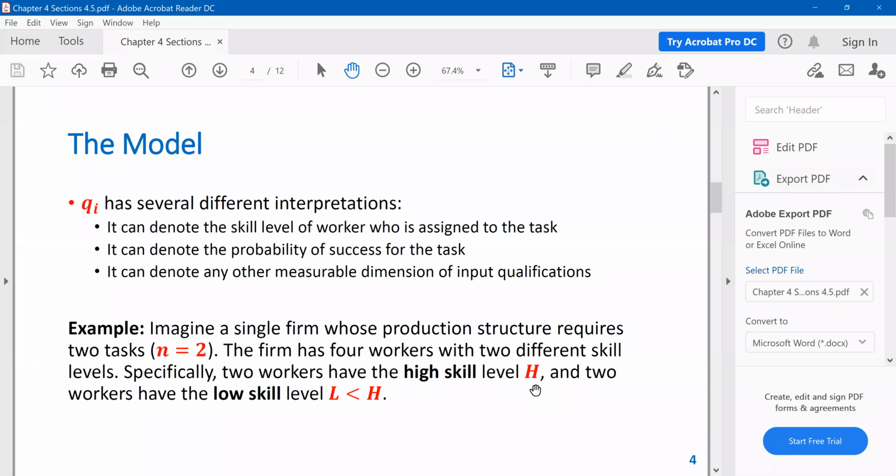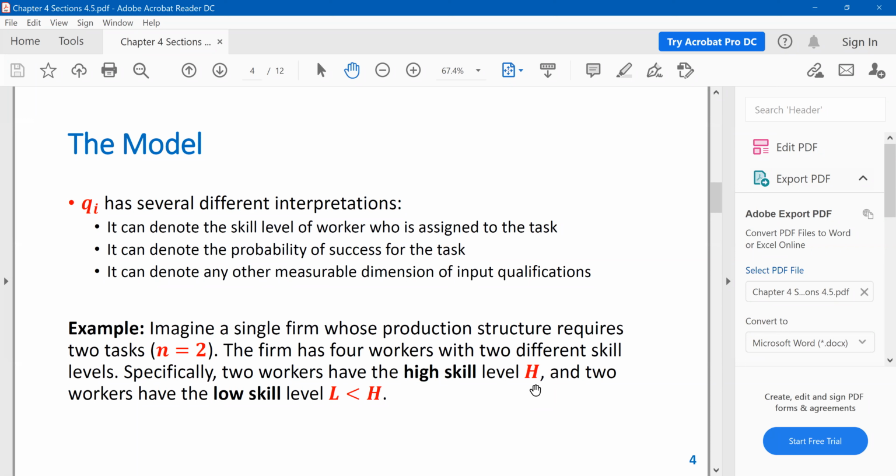Now, you may imagine that Q is the success probability. So Qi would be the success probability of task i. Okay? Then you can think of this production function as a stochastic production function. So at the end, the multiplication of all these probabilities will give you the probability of achieving successful production, right?